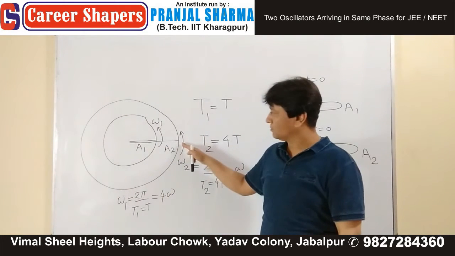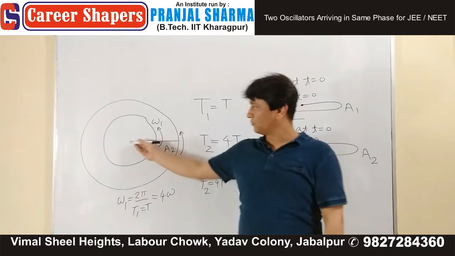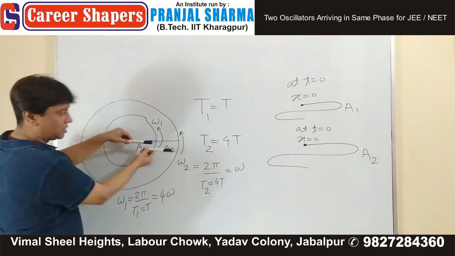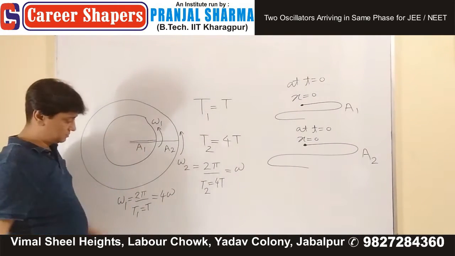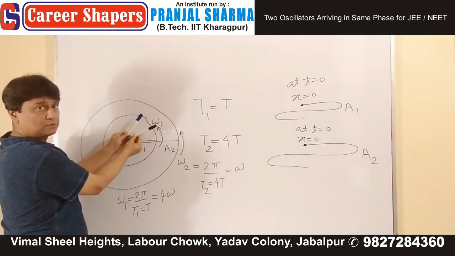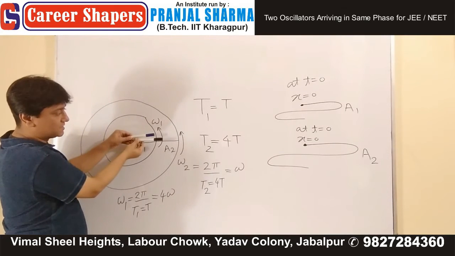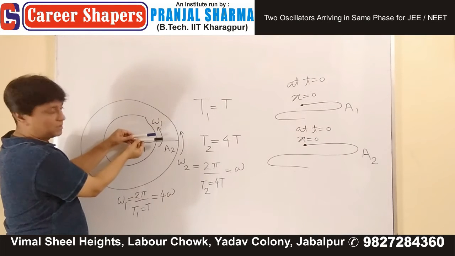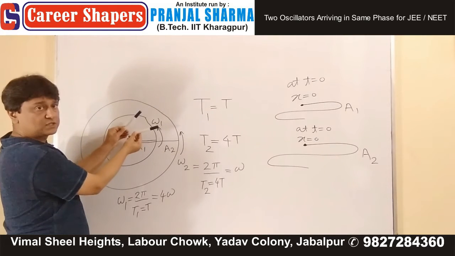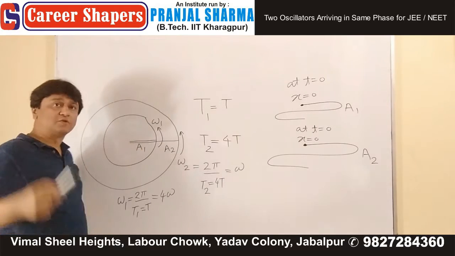Both rods have an angle of 0 from the horizontal. But the smaller rod is faster, and therefore after some time this is going to happen. They are out of phase. They started in same phase, but just after this moment, since the blue one is faster, there is an angle difference.